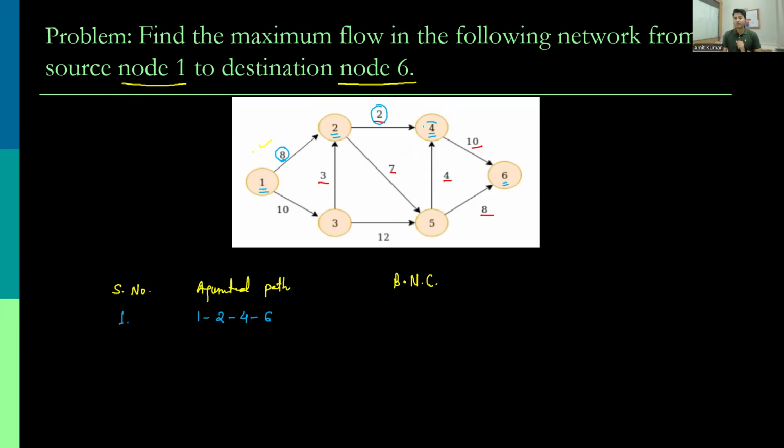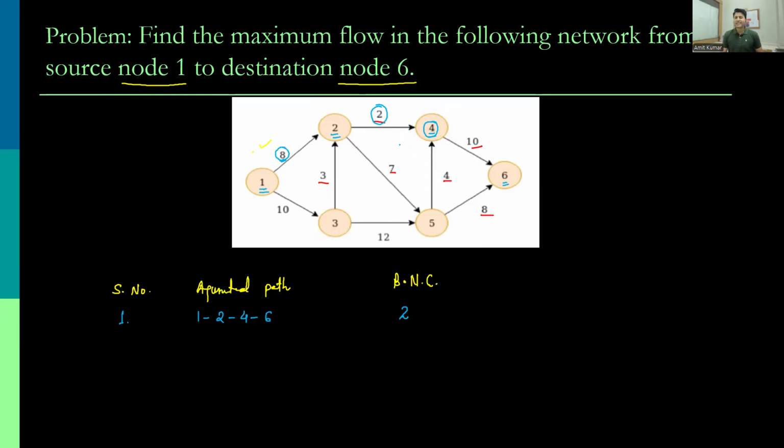Now at vertex 4, 2 units come from this augmented path. 4 to 6 can carry 10 units, but it has only 2 units with it. So the minimum weight in this augmented path is 2. So the bottleneck capacity for this augmented path is 2.